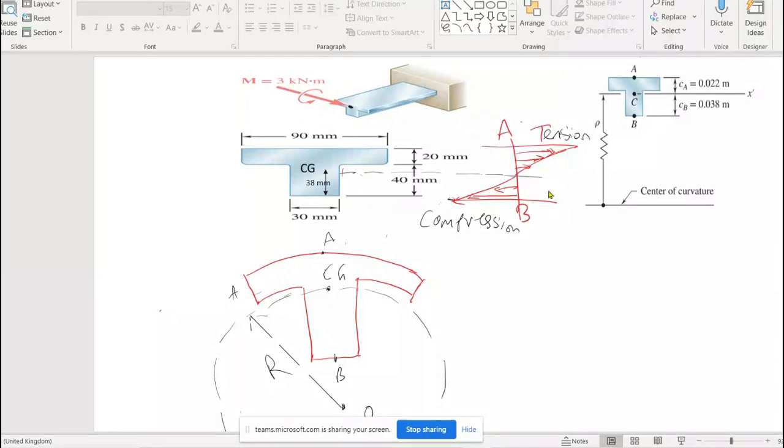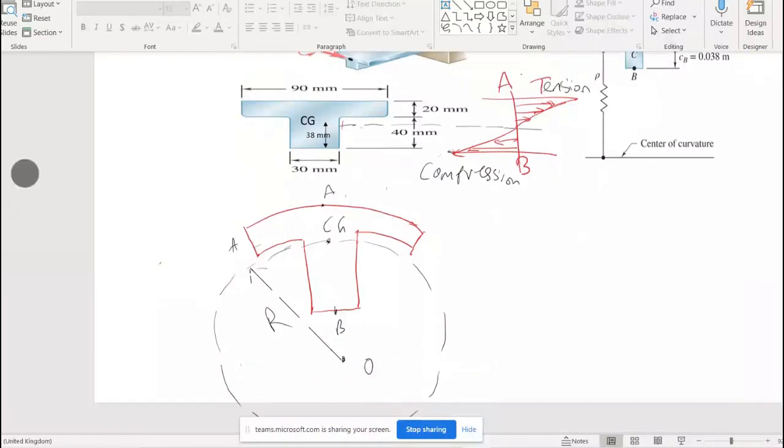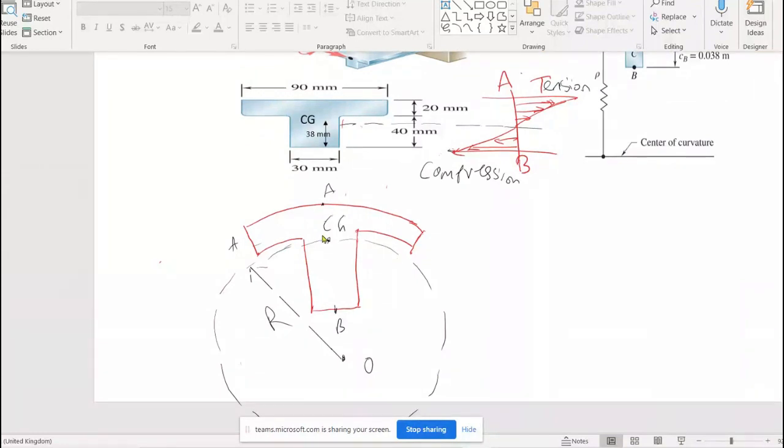It can even be in this direction, but the direction of compression should be opposite to show it is compression. You can even plot it in this way, like the one in the video. Either this direction or this direction you can put. So the diagram of compression is in this way. From the neutral axis, slowly increasing to the bottommost or extreme layer of the section. Okay, this is what the diagram shows.